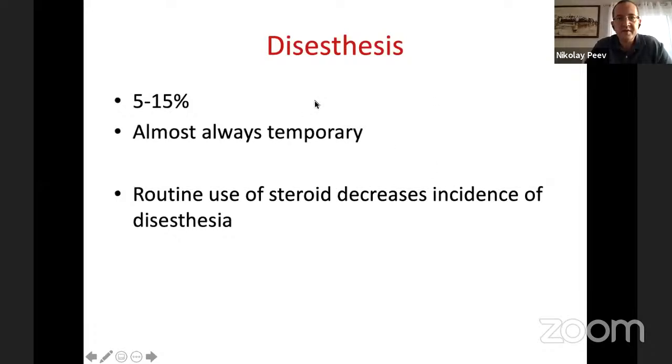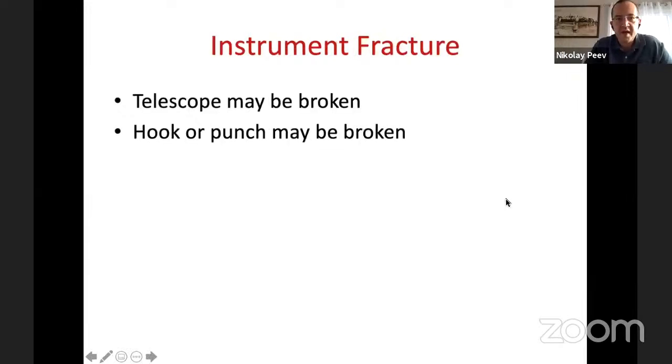I mentioned already the dysesthesia because of the irritation of the ganglion. It's almost always temporary. You may consider using steroids to decrease the incidence of dysesthesia in your early patients.